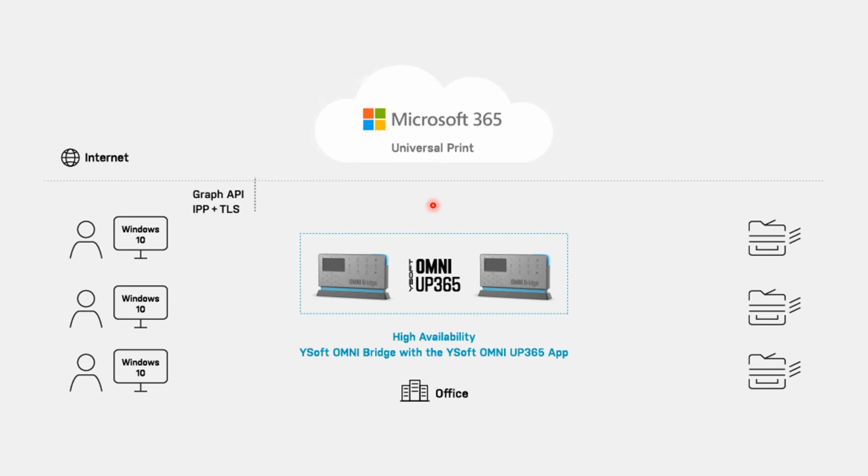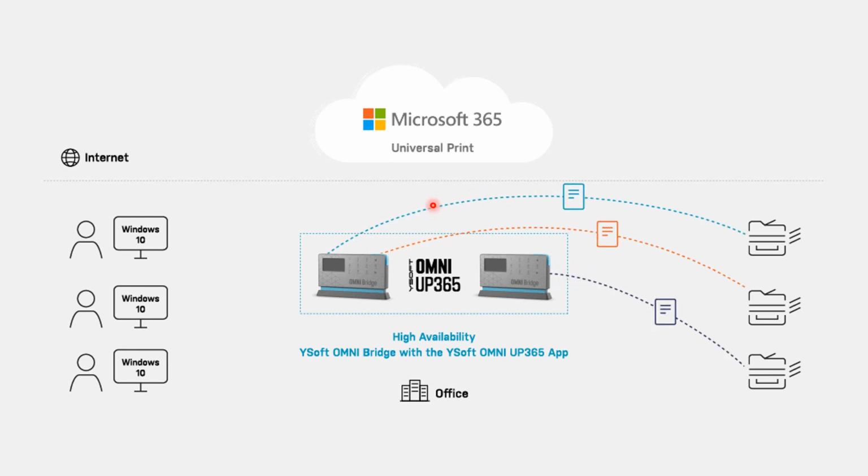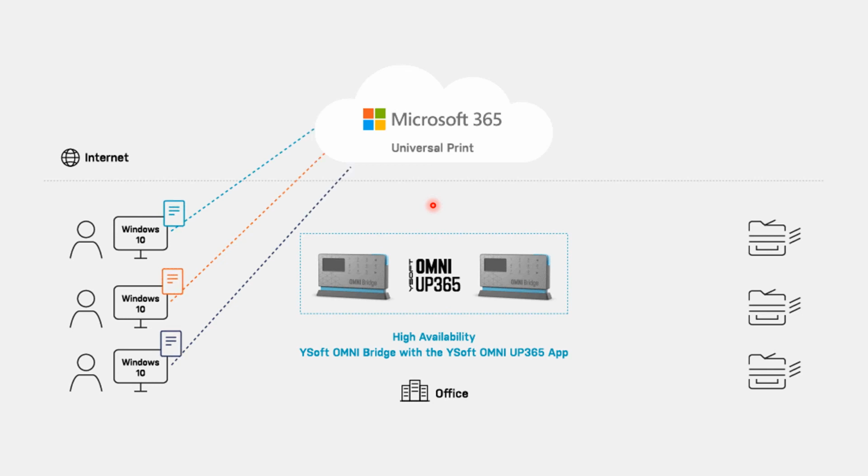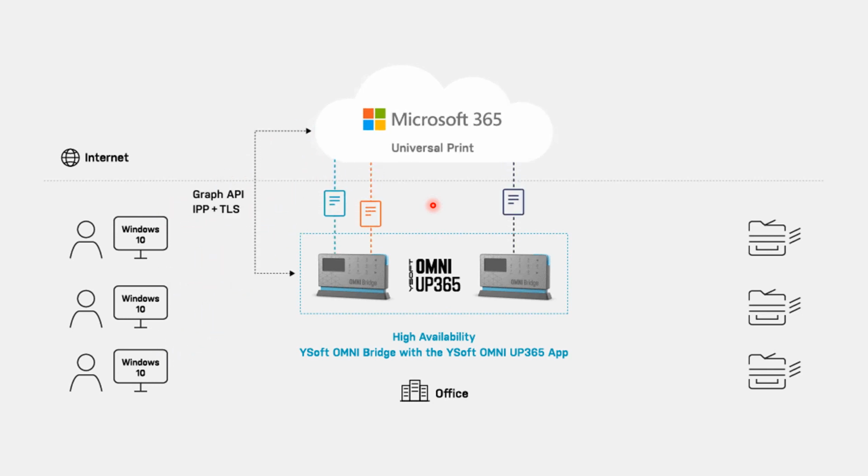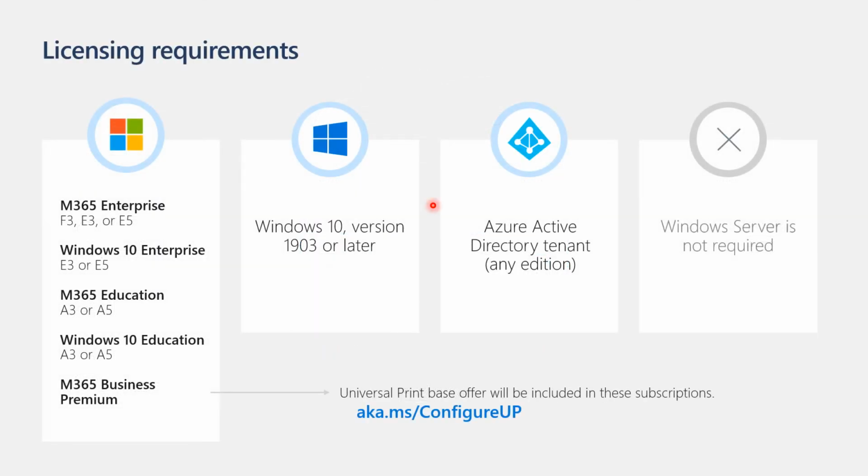Those printers connect to the bridge and the bridge connects to the Universal Print service. So a relatively easy way to do that. This could definitely be one of those steps before your print vendor becomes Universal Print ready, as part of bridging your legacy printers to the Universal Print service.